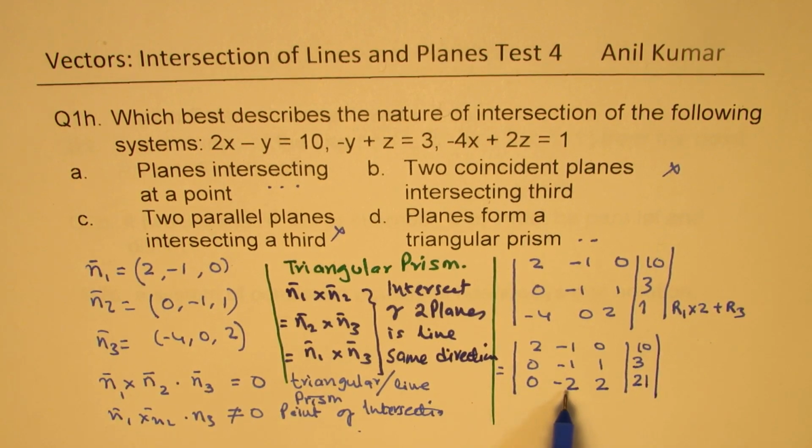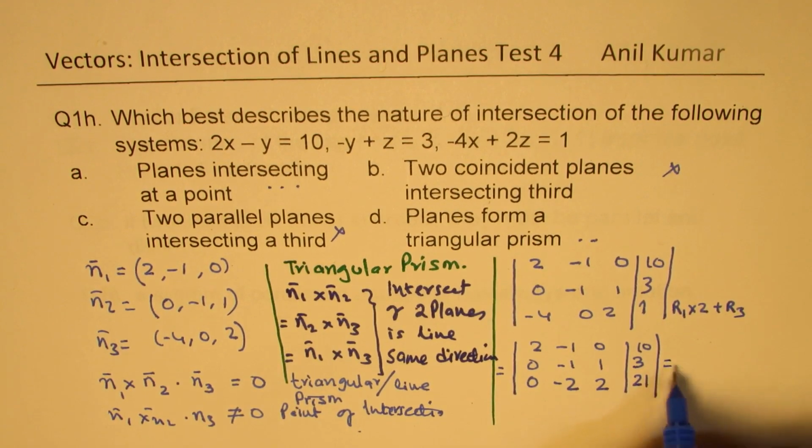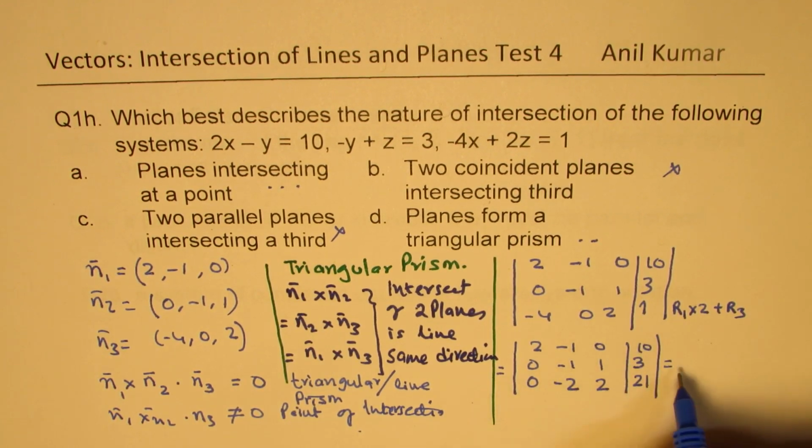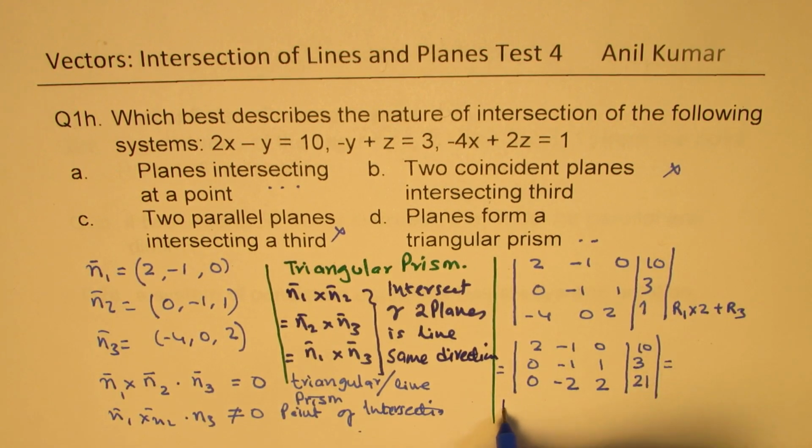Okay. Now we need to make this 0. So what should I do? To make this 0, I have to multiply R2 by minus 2 and then add R3, correct?